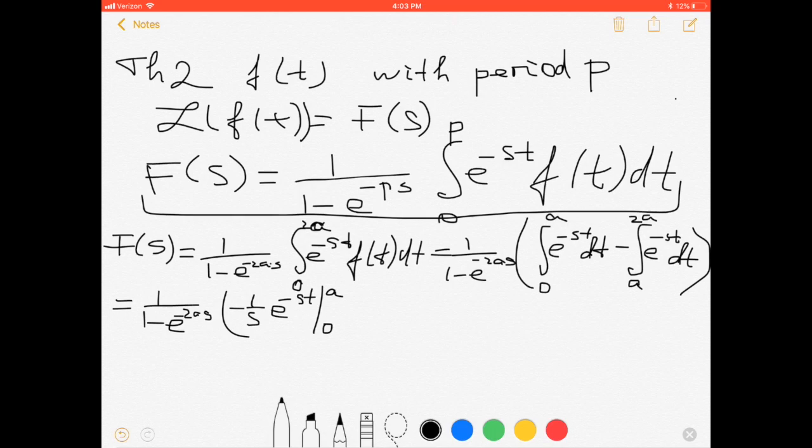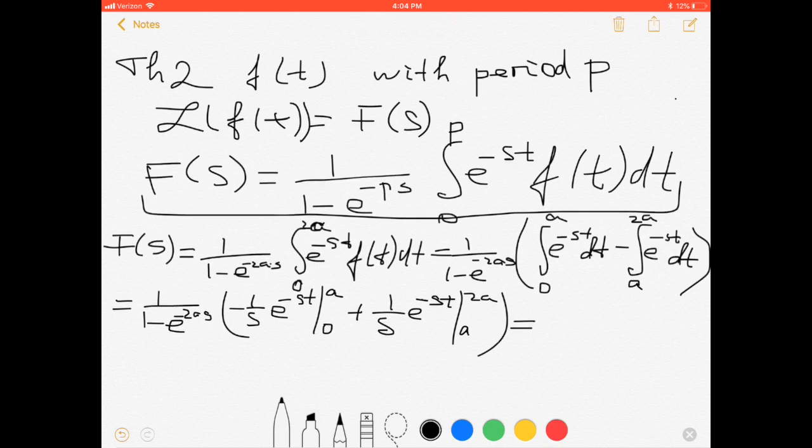Here we have the same problem, so plus 1 over s, e to the minus st from a to 2a. Practically we're done with the Laplace transformation, we only spend time simplifying.